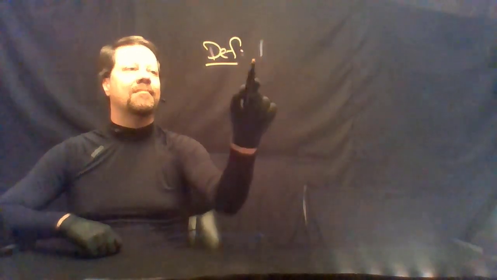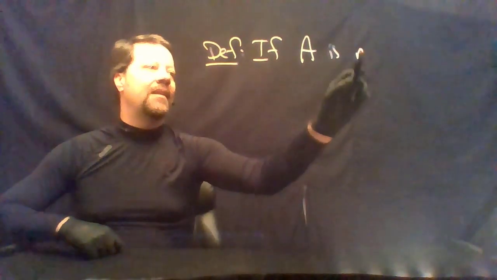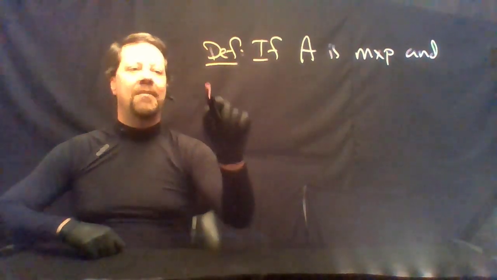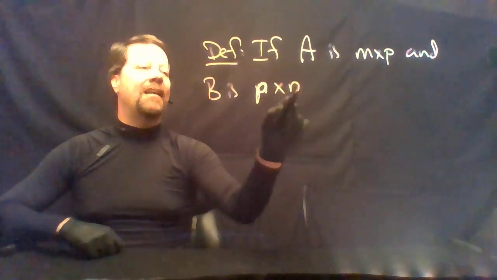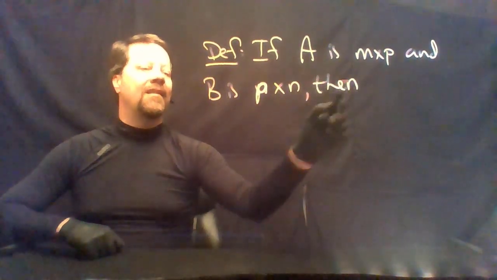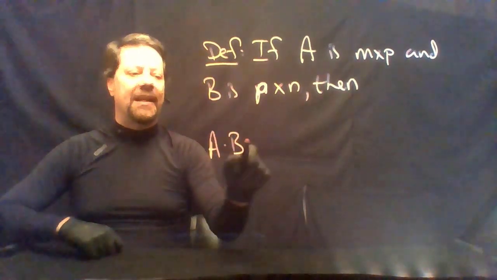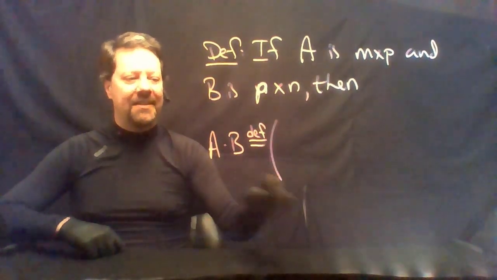I next want to define what I mean by matrix multiplication. If A is m by p and B is p by n, then we can define what we mean by A times B. This is by definition, so you're just going to accept this.